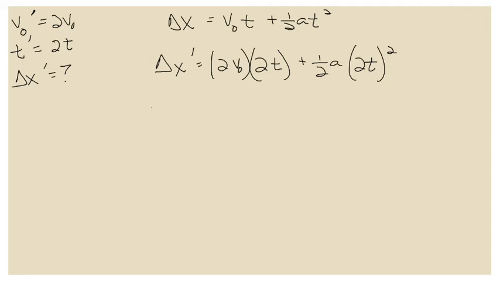And so when we do the math here, we get delta x prime equals 2v naught times 2t is 4 v naught t. And then we have plus 1/2 a. And then when we take 2t and we square it, notice that's 2t times 2t. So that's 4t squared.